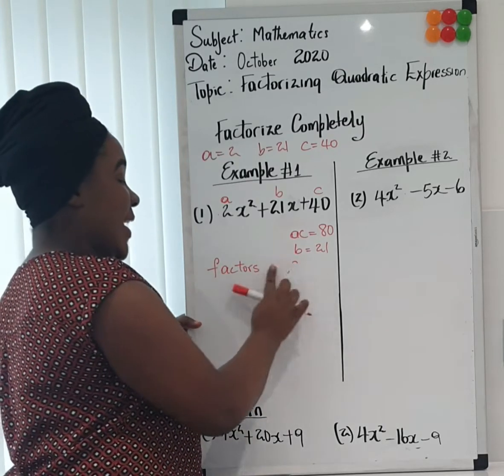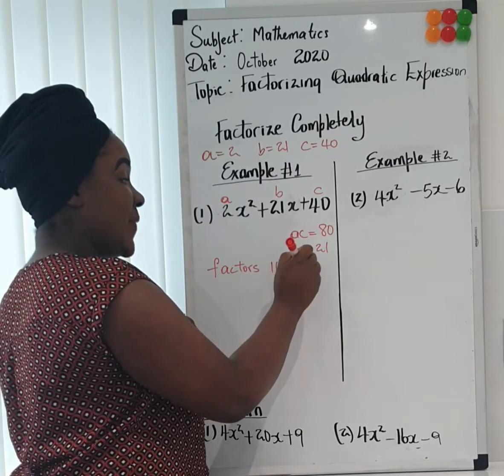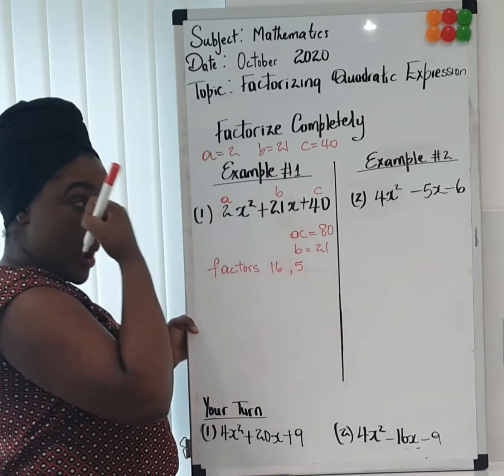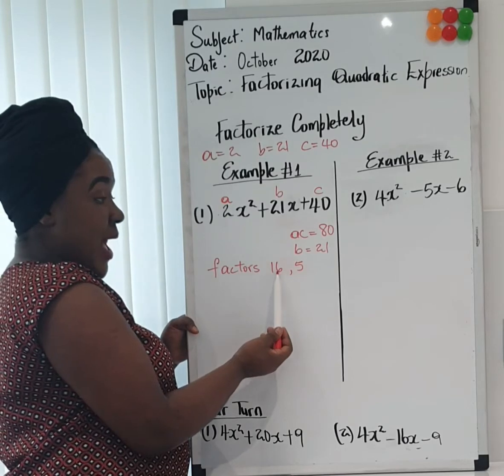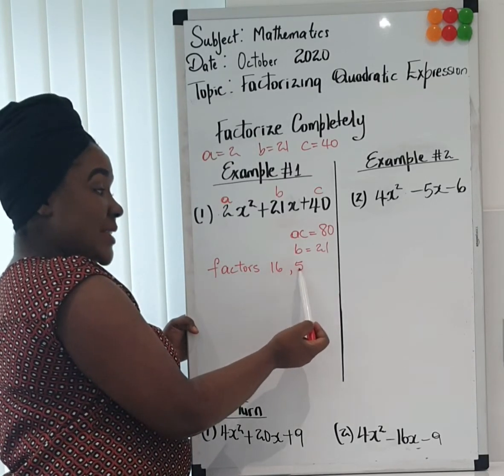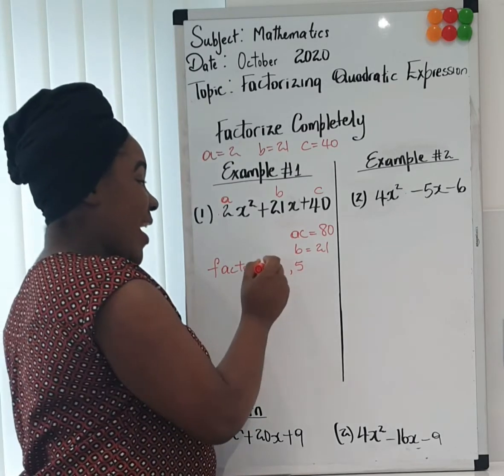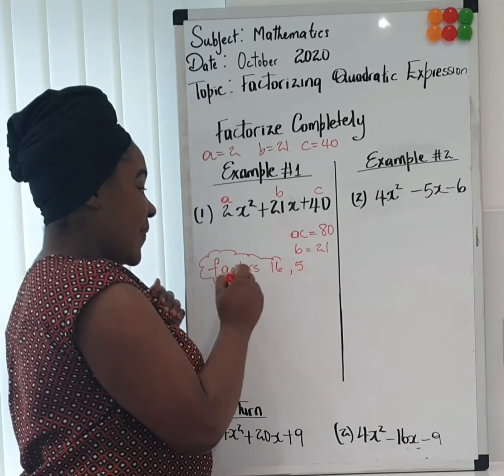So it's not 10 and 8. How about 16 and 5? When you multiply 16 times 5, you get 80, and when you add 16 and 5, you get 21. So our factors are 16 and 5.